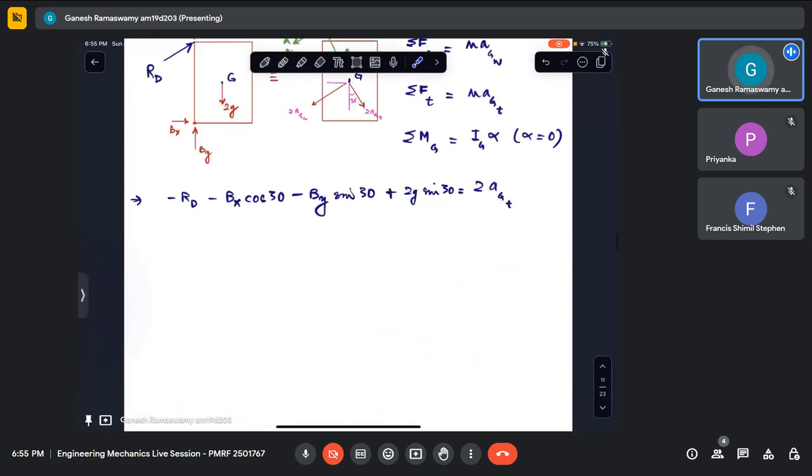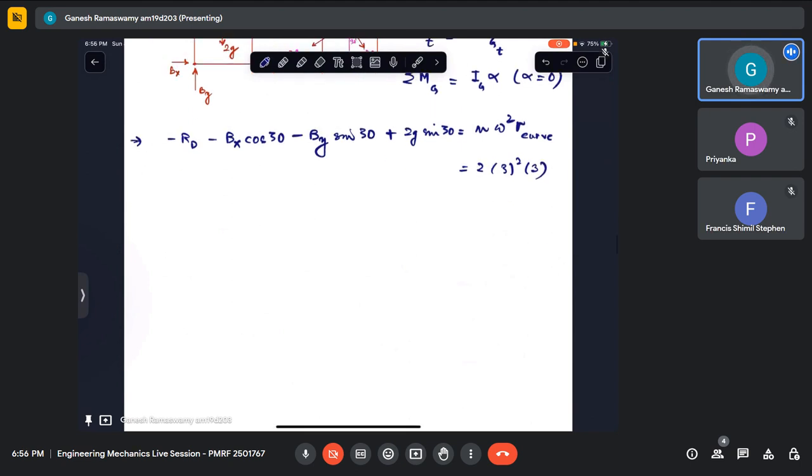In which case I'll replace this with m omega squared r of that curve. That curve is a circle. So this is 2 into 3 squared into, what is the radius of that circle? That is the length of the link, which is 3 meters.